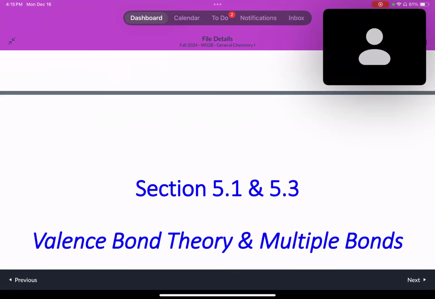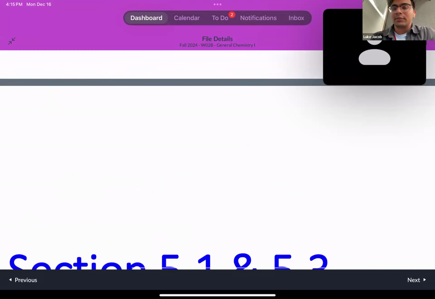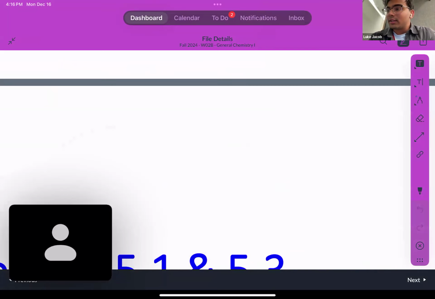So even if it doesn't specify that, we always draw it that way. Yeah, something like sulfur dioxide. That's a good example that I keep bringing up. If I were to draw that out again, it would be SO2, right? 6 valence electrons plus 2 times 6, that's 18 electrons, right?